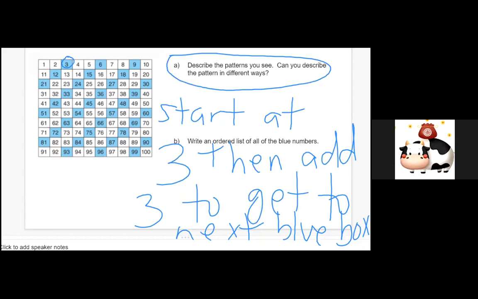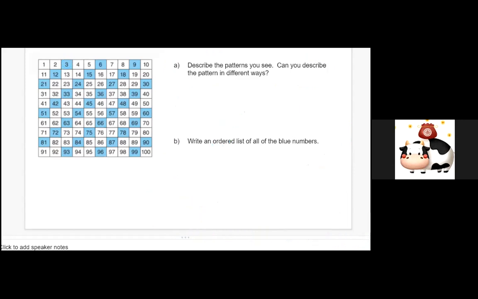Part B says write an ordered list of the blue numbers. Now we're going to answer B, okay? Because you need to know how to do this for your homework. Write an ordered list. What is an ordered list? I know what a list of numbers is, but what does it mean to be an ordered list? Take a guess.